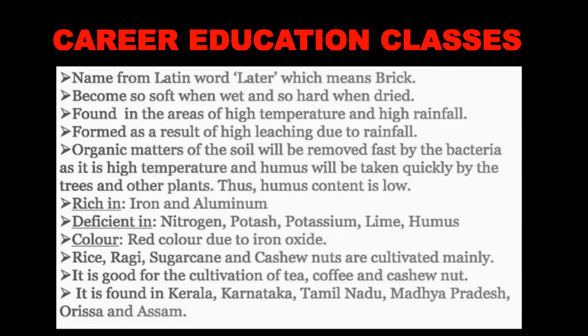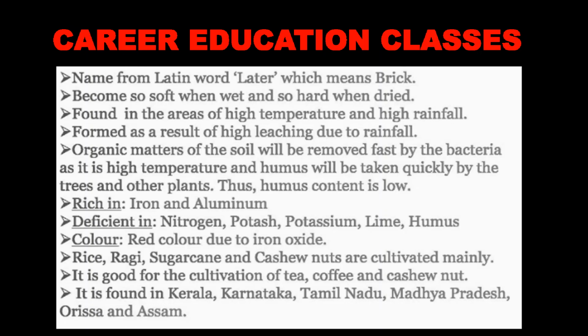Thus, the humus content in this soil is very low. This soil is rich in iron and aluminium but deficient in nitrogen, potash, lime and humus. Its color is red due to iron oxide. Rice, ragi, sugarcane and cashew nuts are better grown in this soil. Kerala, Karnataka, Tamil Nadu, Madhya Pradesh, Orissa and Assam are where this soil is usually found.